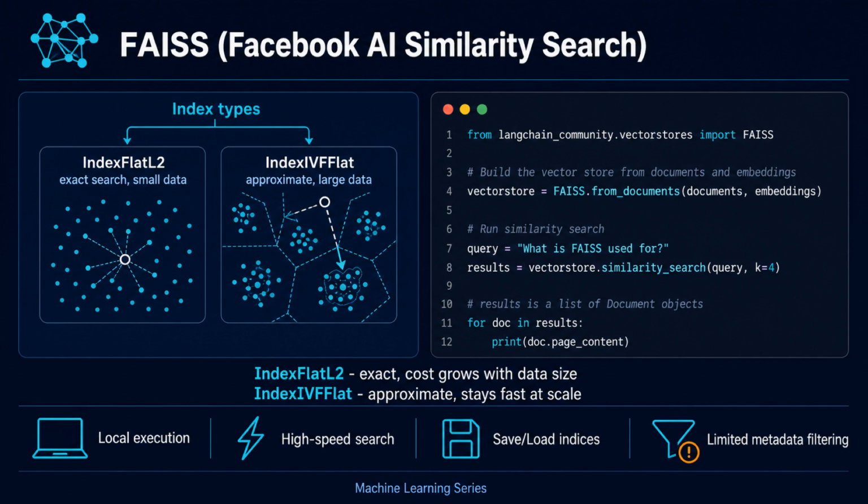Key features include high-speed search optimized for CPU and GPU, the ability to save and load indices for persistence, and integration with LangChain. FAISS is excellent for prototypes and offline applications where you don't want external dependencies.